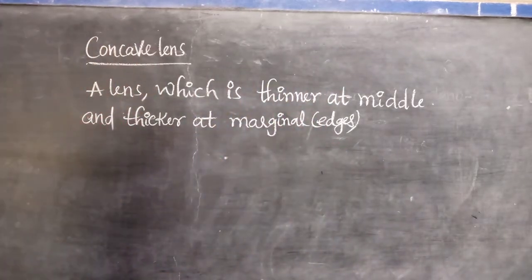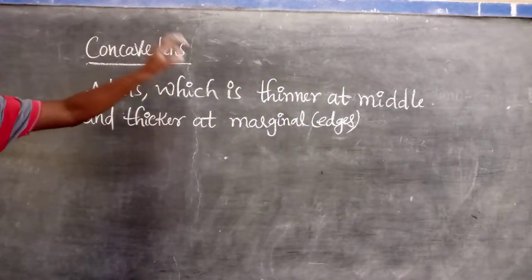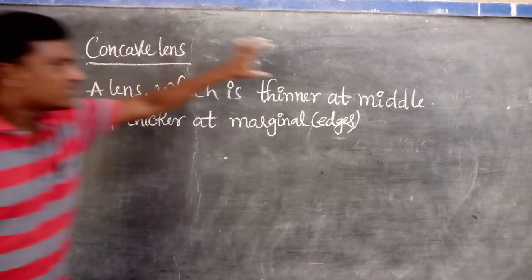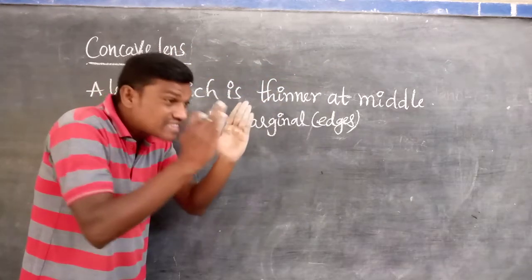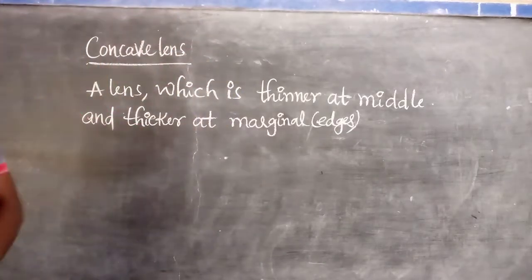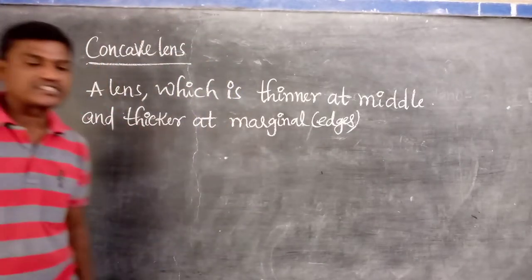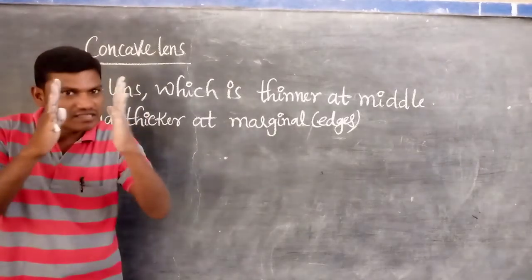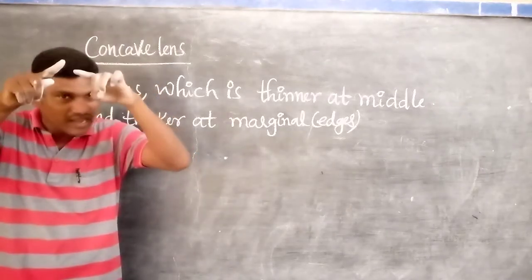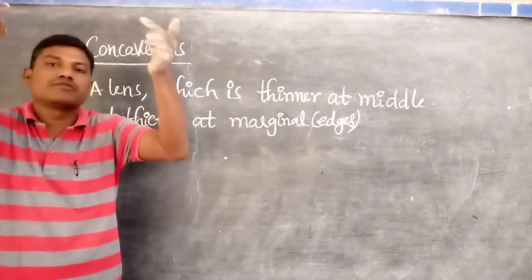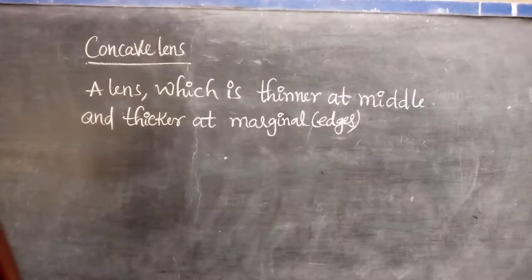So listen, a lens which is thinner at middle and thicker at marginal or edges is nothing but central part is small or thinner and edges is thicker. That lens is called concave lens. So simple difference. Convex is nothing but middle is thicker and edges are thinner. But concave means middle is thinner and edges are thicker, just opposite.